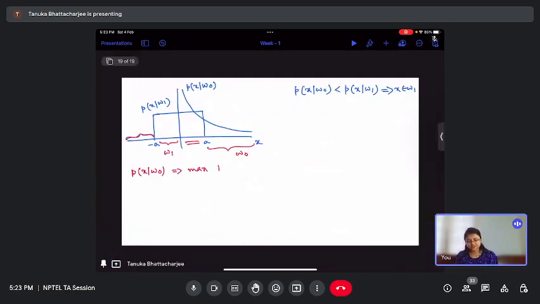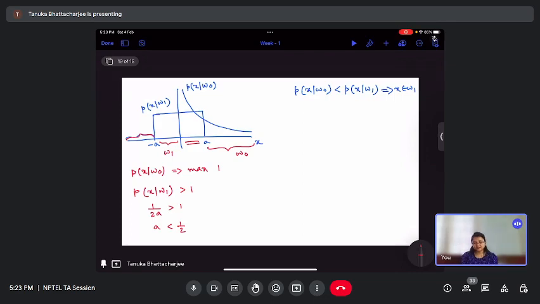So, suppose the probability of x given omega 1, which is the class conditional density of the other class, is greater than 1. If this density is greater than 1, what will be the situation? We know this class conditional density is given by 1 by 2a. Let us say that is greater than 1, or you can say a is less than half.